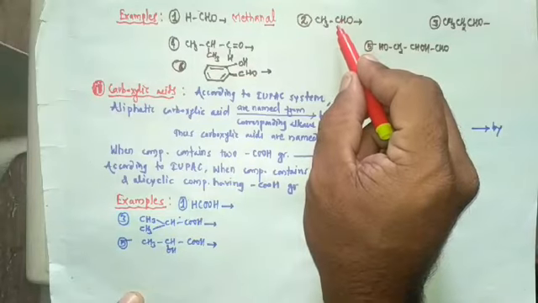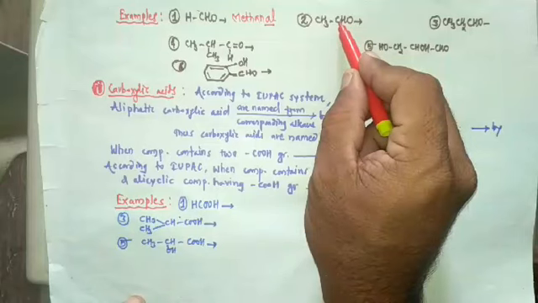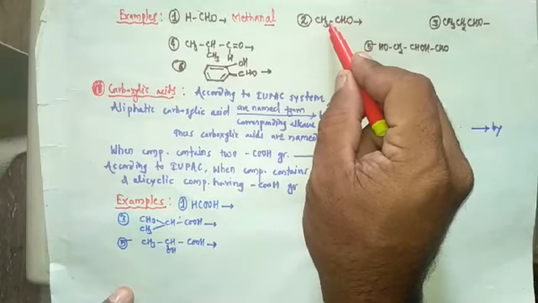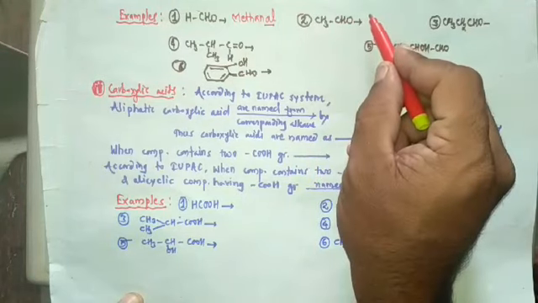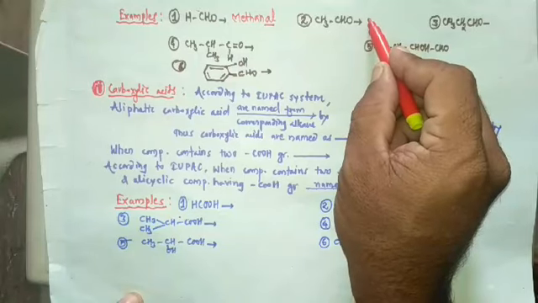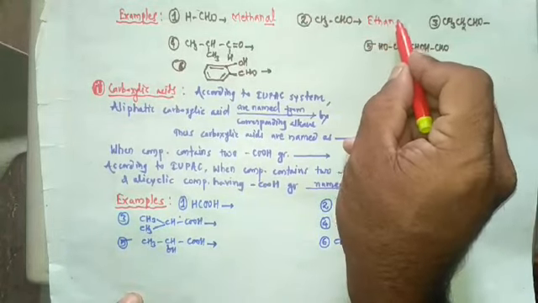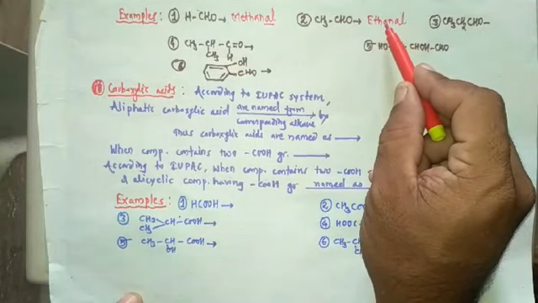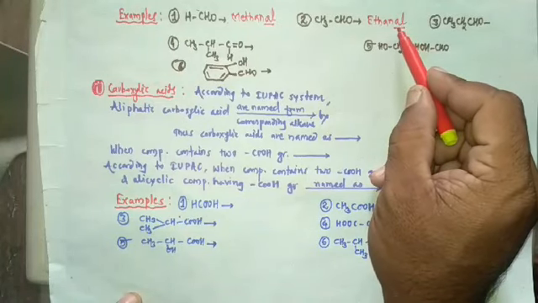The second example is CH3CHO. This aldehyde contains two carbon atoms, so its corresponding alkane is ethane. Replace the final letter E of ethane by al, so the IUPAC name of this compound is ethanal.